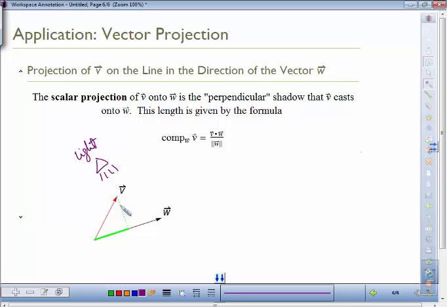If you make a light source right above this, you can see a perpendicular distance over here. So this length is what's called a scalar projection, the projection of one vector onto the other.